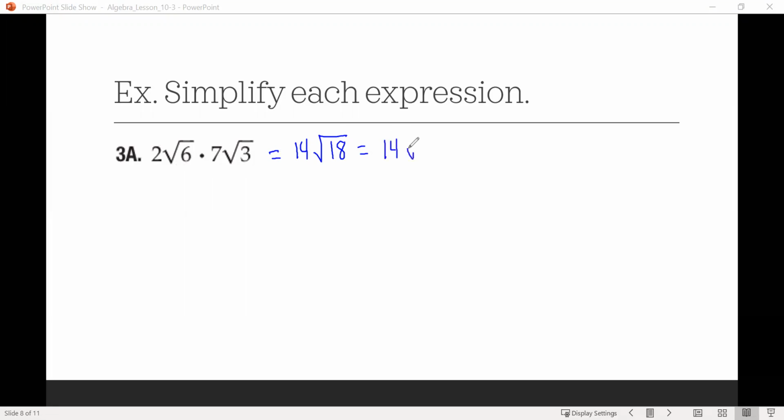So we can break down 18 to 9 times 2. Okay, the reason we chose 9, remember, it's a perfect square. So we would have 14 times the square root of 9, which is 3, times radical 2. So 14 times 3 is 42, and we would still multiply by radical 2. So that would be our final answer.